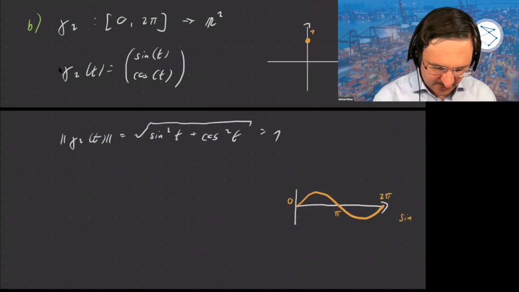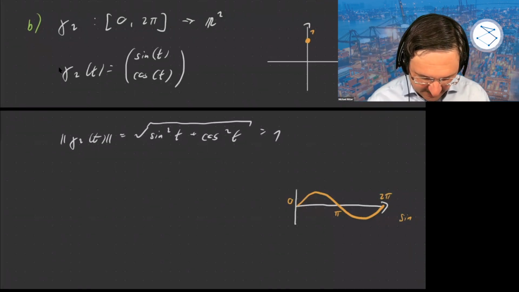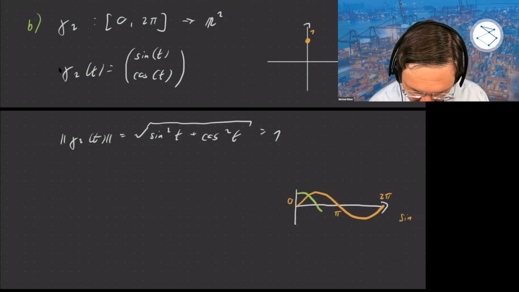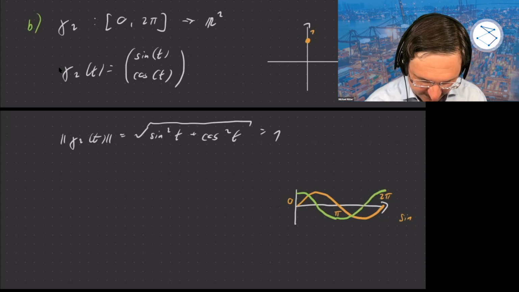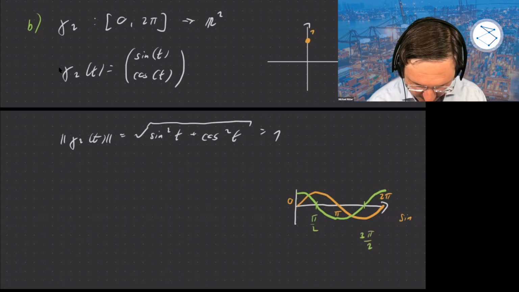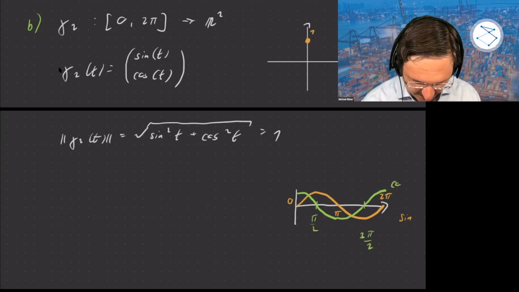That's what the sine function looks like. And the cosine function, that one starts at 1 here, and then it decreases further, then it starts to increase and increases further. So the zeros here are at pi over 2 and 3 pi over 2. Well, that's the cosine here, the green one.